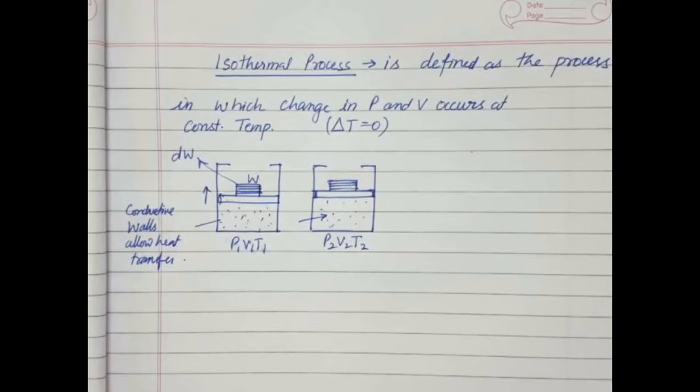So air compressors are usually designed with very slow speed motors, so that during the air compression process, the heat generated during the compression work should be dissipated out of the compressor valves. So the slower the process, the more will be the efficiency of the compressor, and a lesser amount of work will be required. So air compressor is a good example of isothermal process.